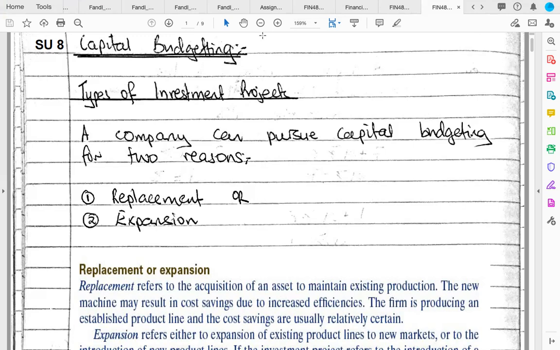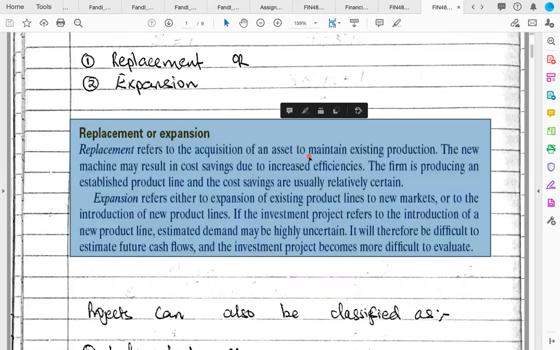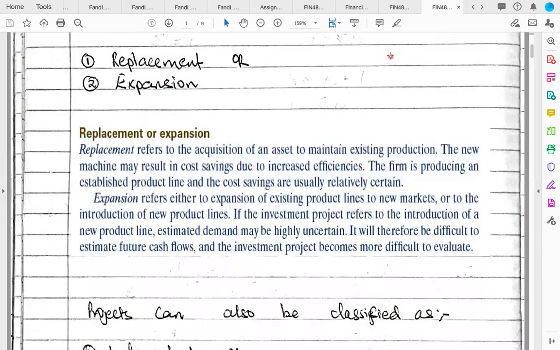So let's briefly discuss each of these. A replacement refers to the acquisition of an asset to maintain existing production. The new machine may result in cost savings due to increased efficiencies. The firm is producing an established product line and the cost savings are usually relatively certain.